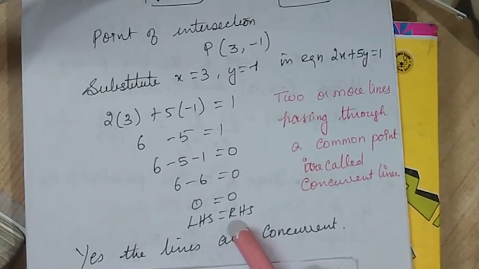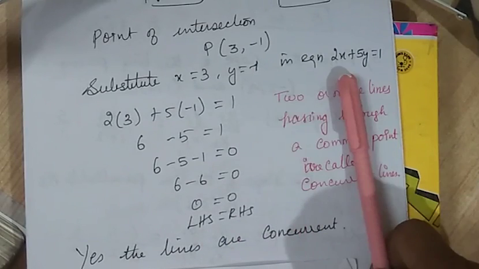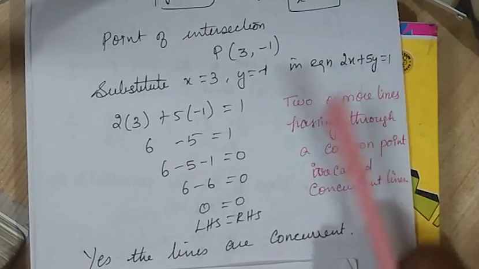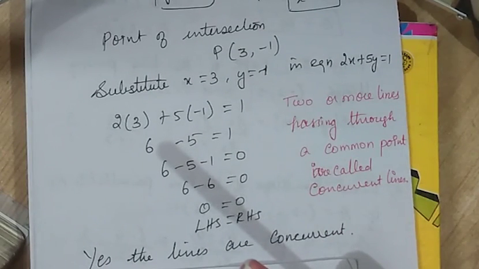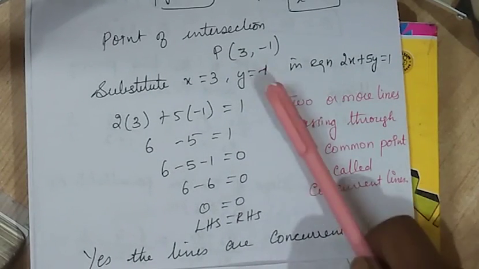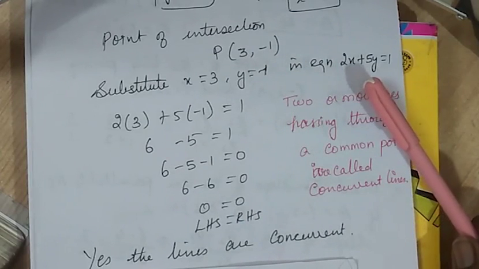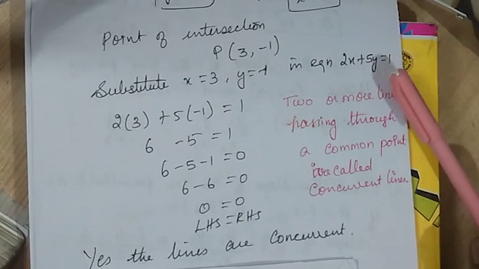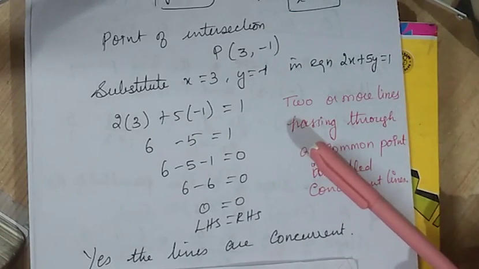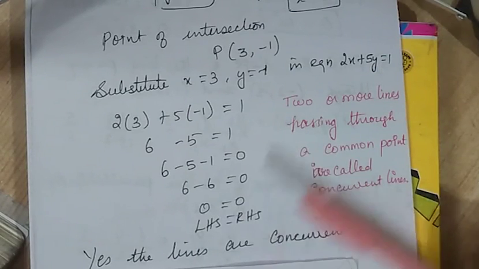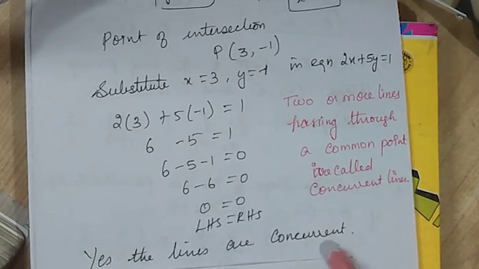Then we can say the point P 3, minus 1 lies on the line 2x plus 5y is equal to 1. Therefore, we can say the lines are concurrent.